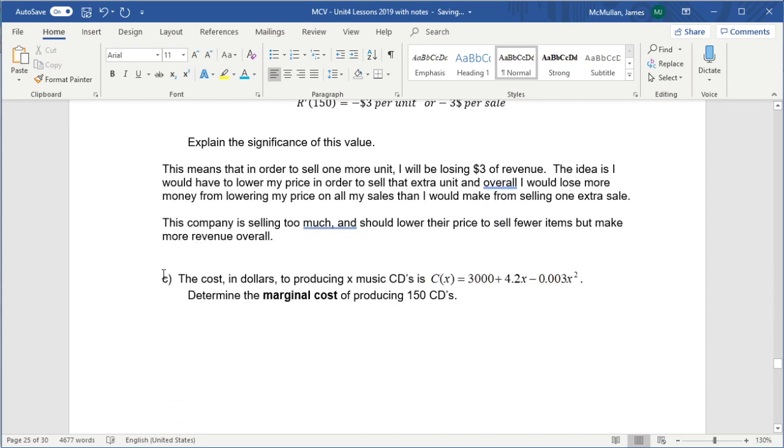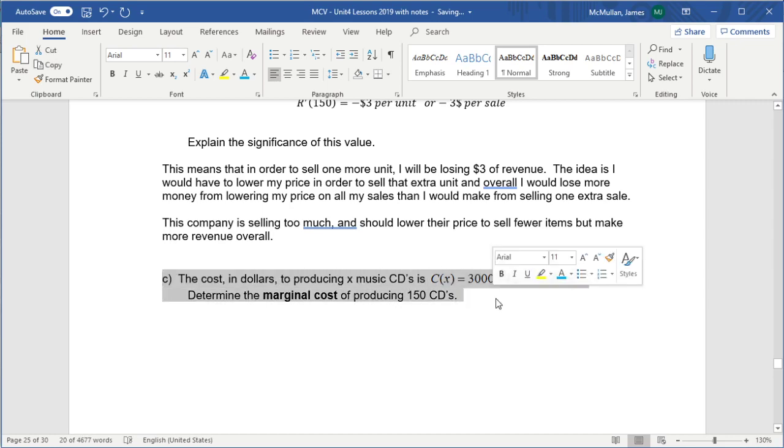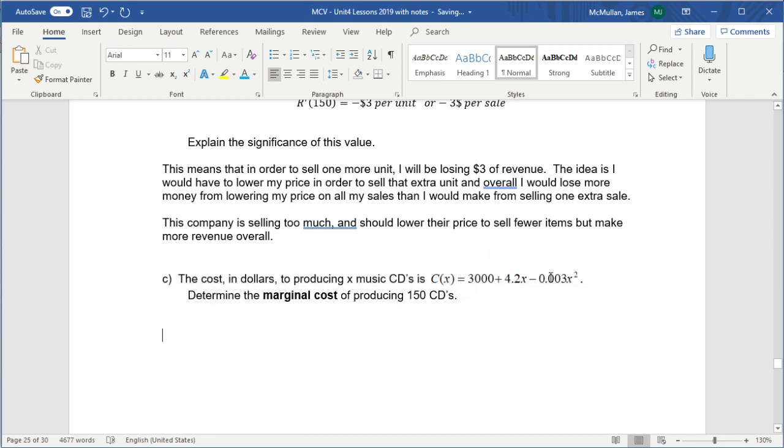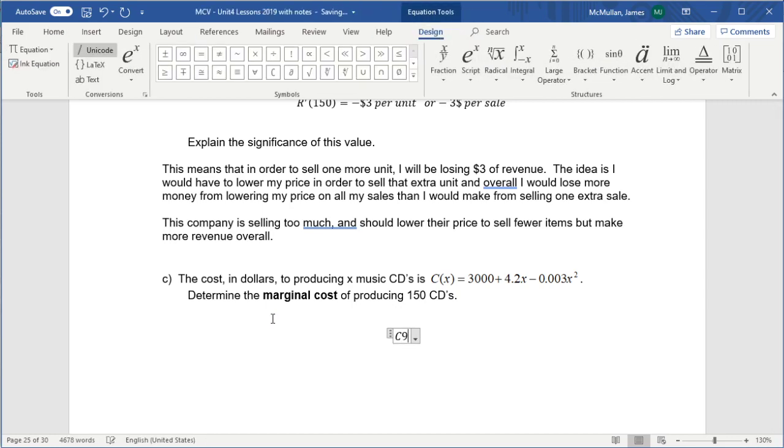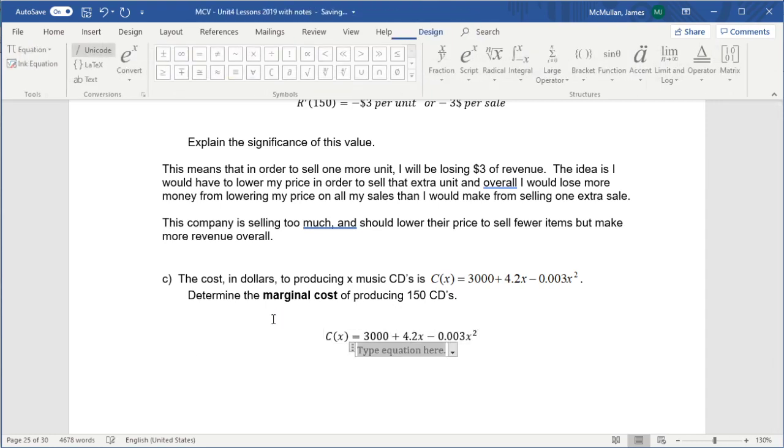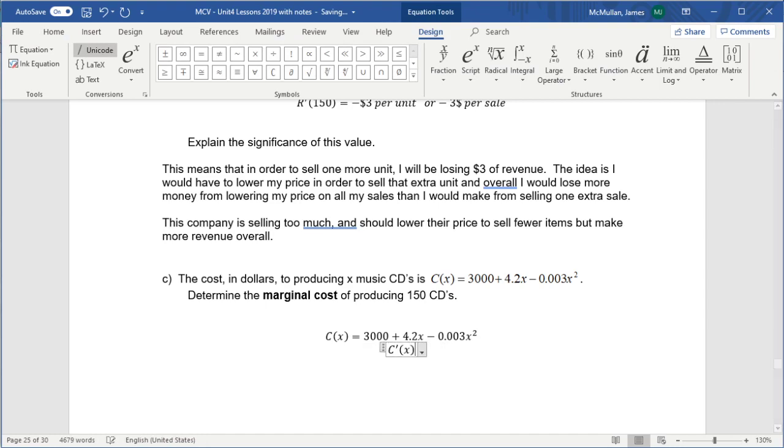Now, it says the cost of producing or acquiring the CDs is given by this equation. Now again, the cost is normally something that's just given to you, so you don't really need to develop it. So we go 3,000 plus 4.2x minus 0.003x squared. We get C prime, which is the marginal cost.